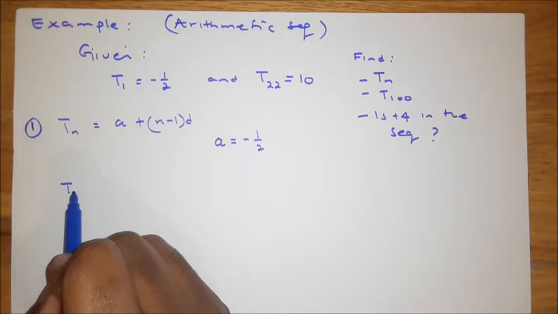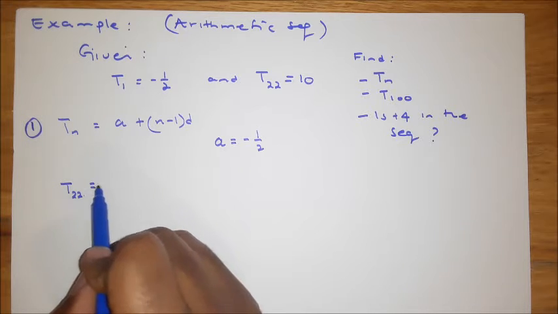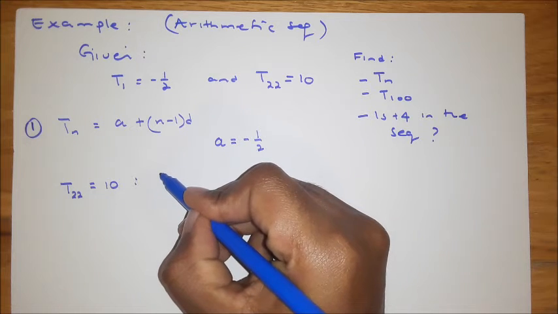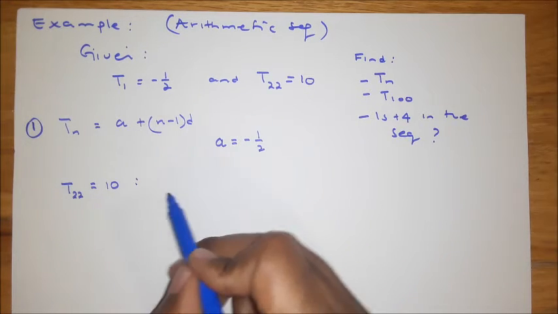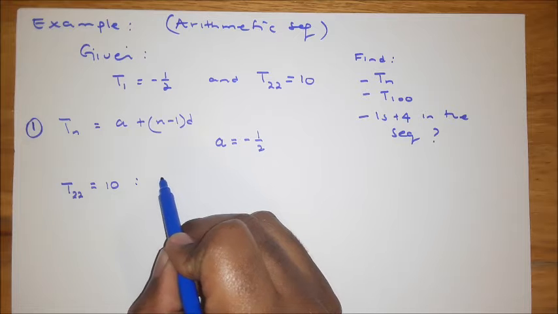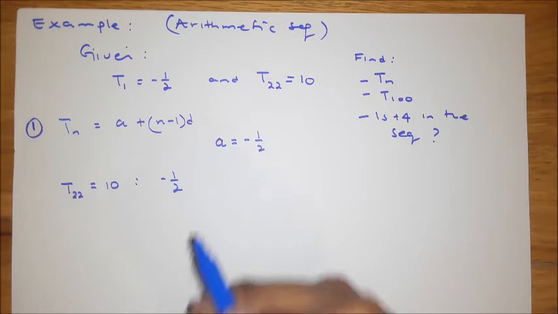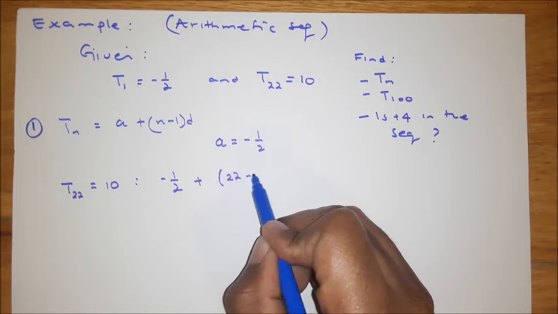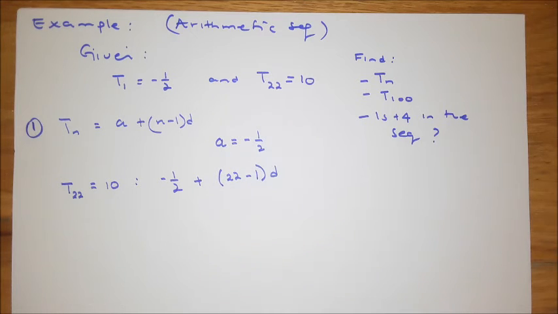Let's look at the 22nd term that equals 10 and see whether we can form an equation on that and actually find d. So for the 22nd term, we know that a is negative half, plus 22 minus 1 multiplied by d.